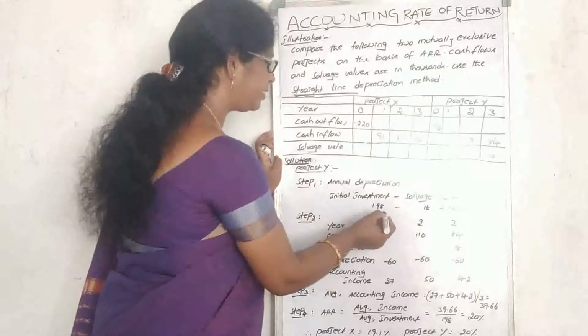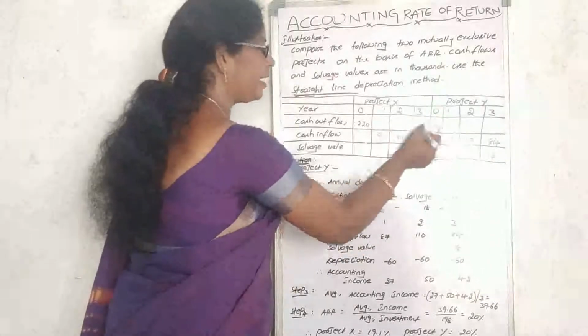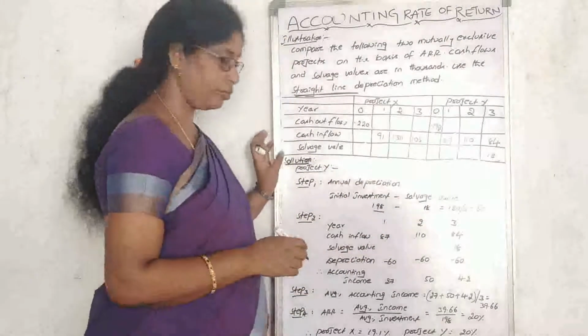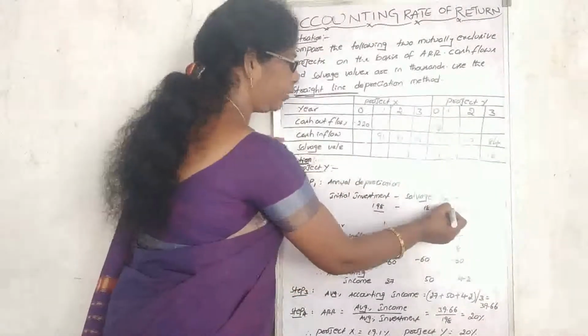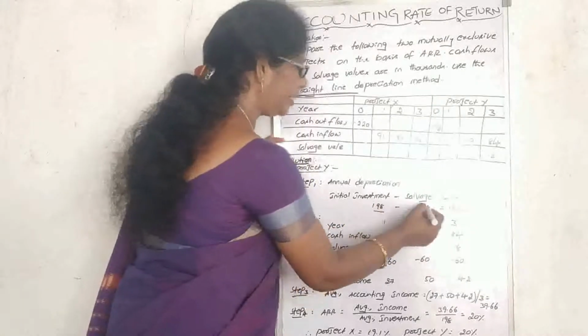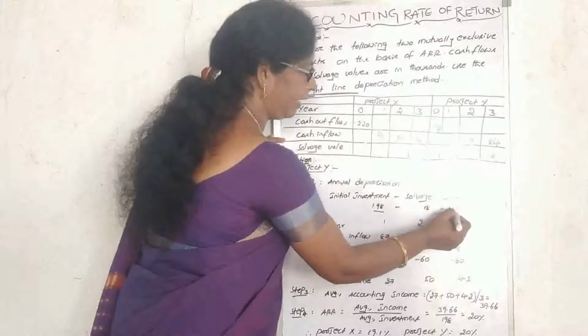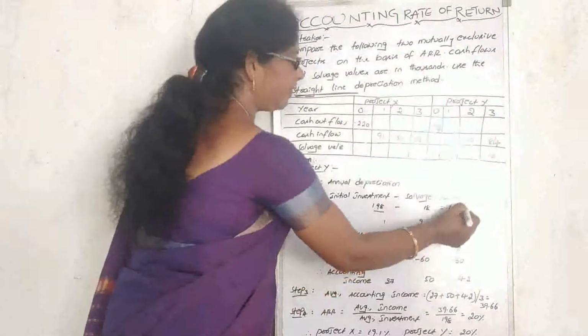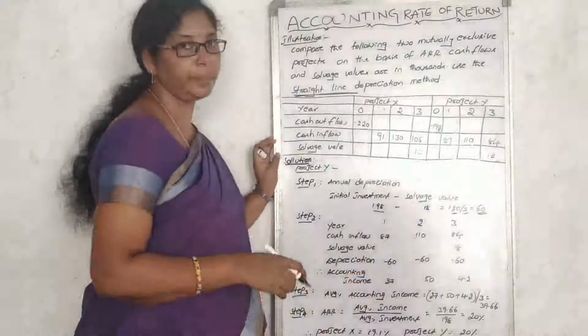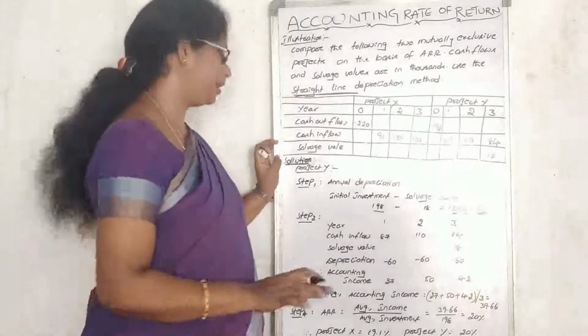The initial investment is 1,98,000 rupees and the salvage value is 18,000 rupees. So 1,98,000 minus 18,000 equals 1,80,000, divided by 3 years, equals 60,000 depreciation for every year.